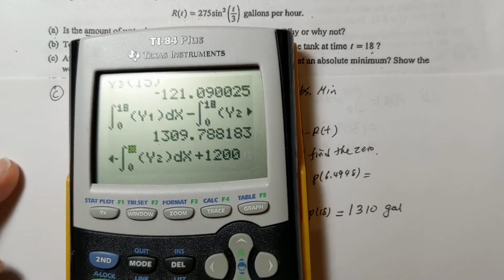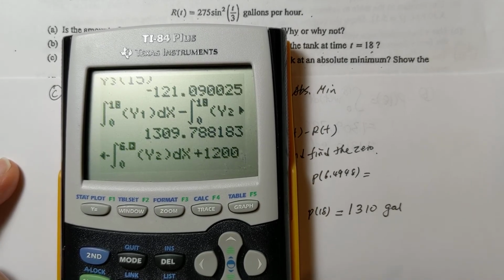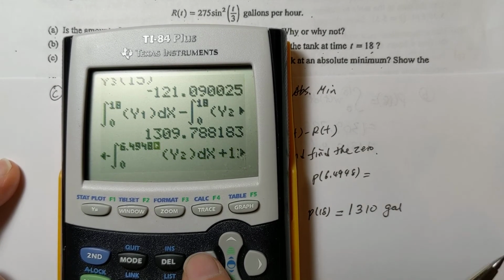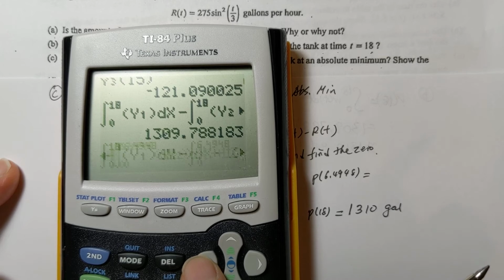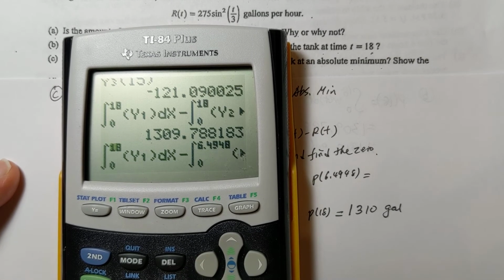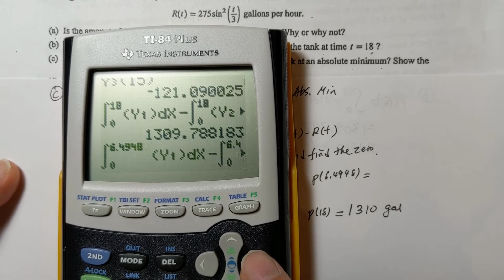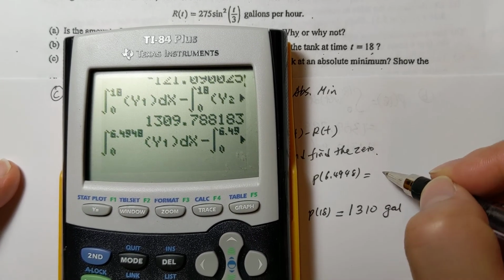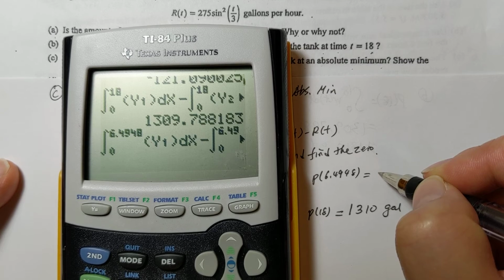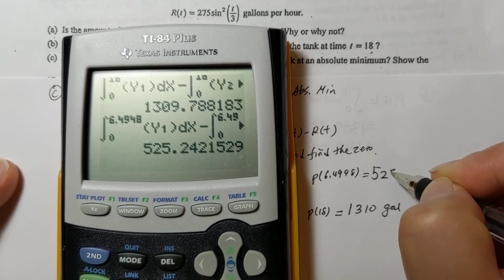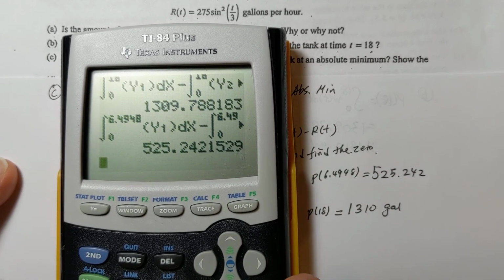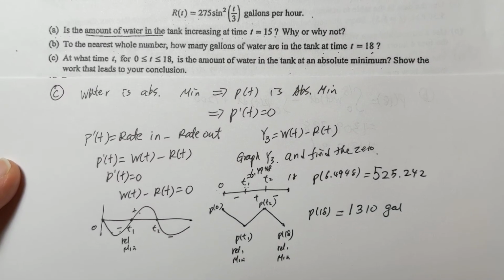So I got 6.4948. Go to the other one, 6.4948. Now I'm going to put enter. I got 525.242. So now definitely this one's smaller.